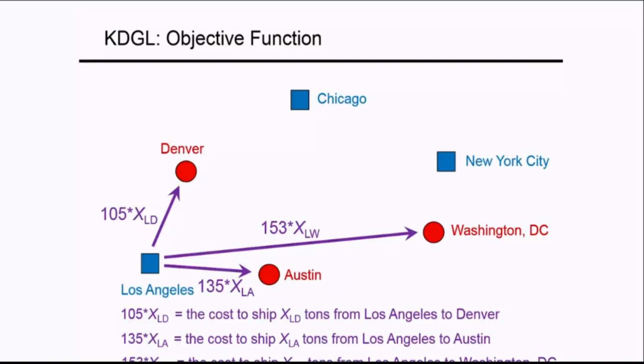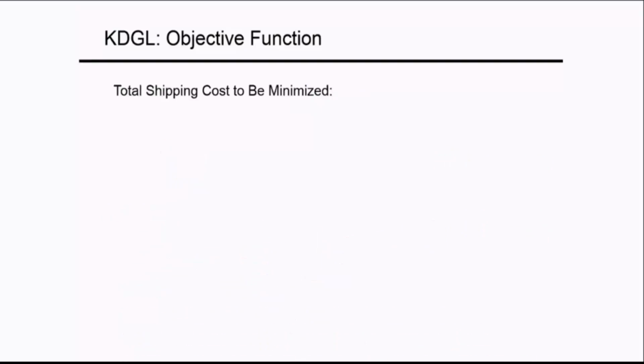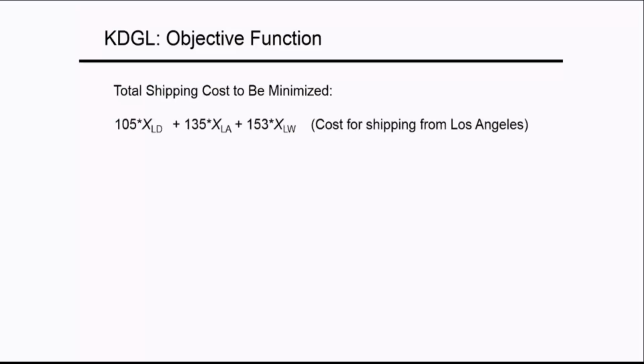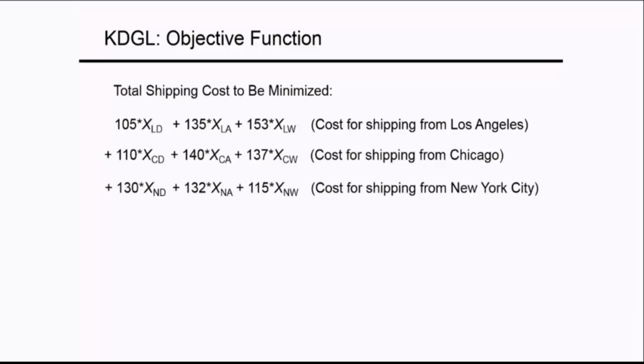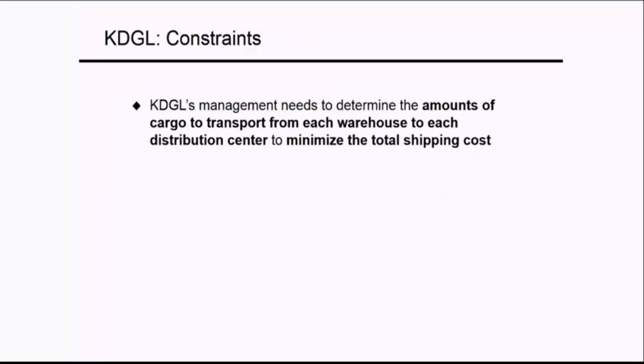So the objective function has three contributions from shipments that originate in Los Angeles, three more from Chicago, and three more from shipments that come from New York. Now the objective function must be minimized in the presence of supply constraints at the warehouses and demand constraints at the distribution centers.